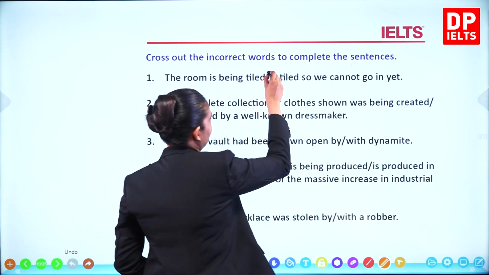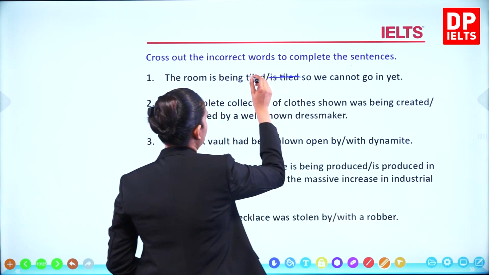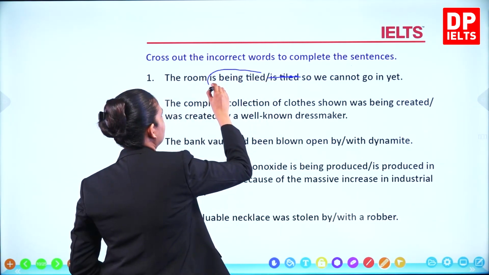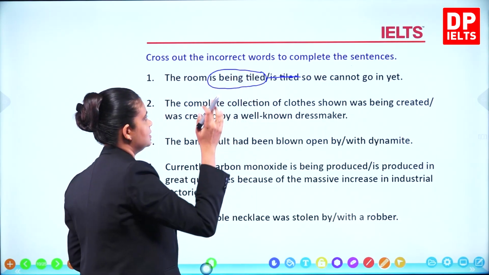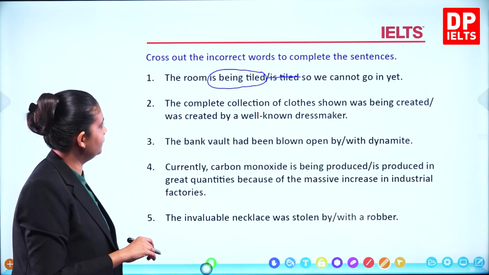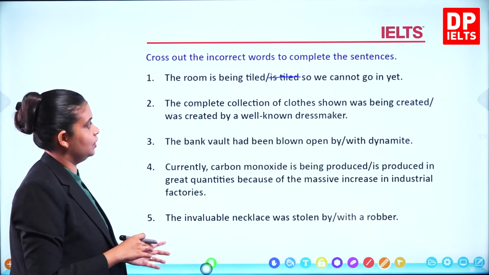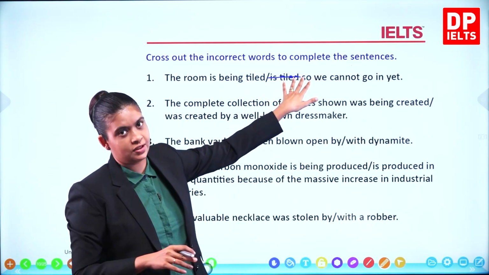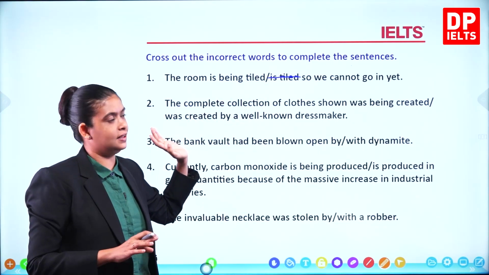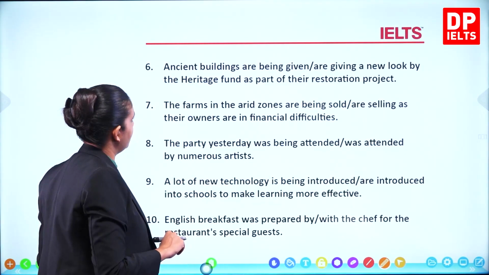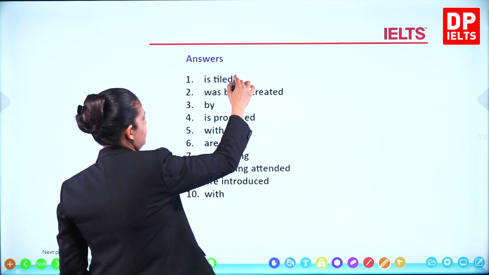Cross out the incorrect one. So I'm crossing out the incorrect one, okay? You can understand that if this is crossed out, then this is incorrect. I think that will be easier for you all, right? So let's see if that is the incorrect one. Yes, that is.